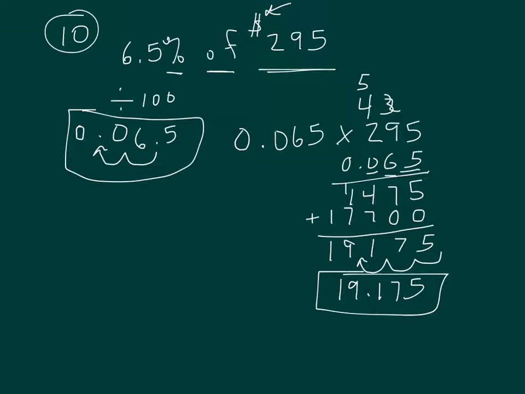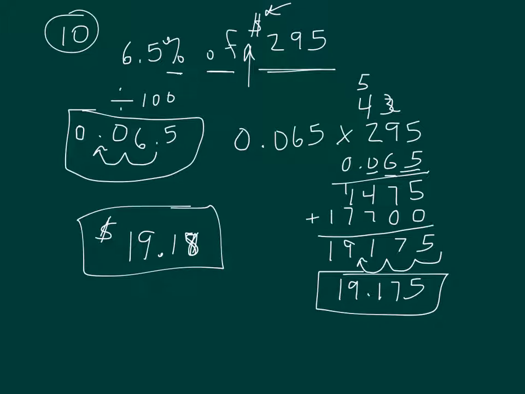But since there is a dollar sign here, you do need to include that dollar sign in front of the 19. Also, is there really anything as half a cent? No. So in this case, we'd have to round to make this $19.18. This would be the final answer I expect on the Big 20 if there's a dollar sign. If there's no dollar sign, then this would be the final answer.